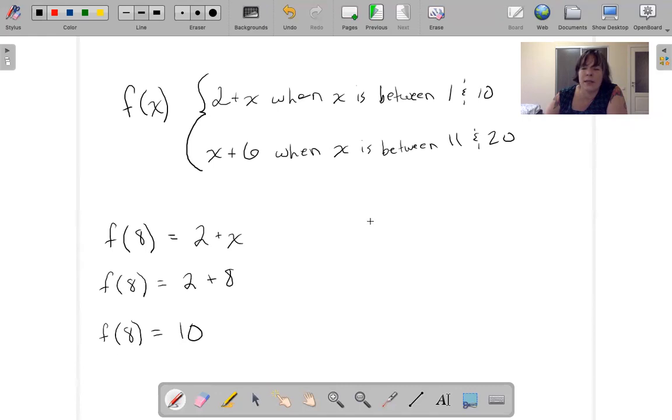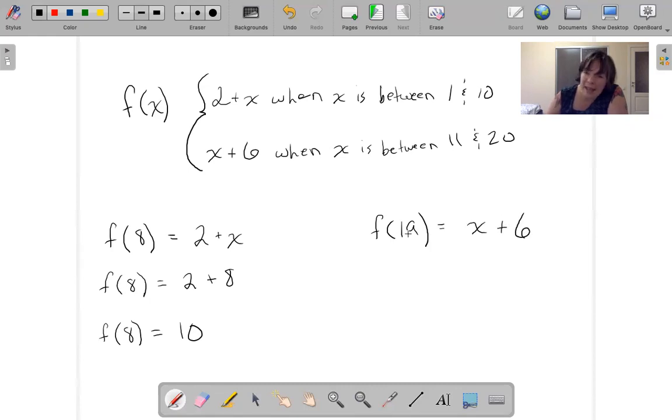Now, my other one was f of 19. F of 19. 19 is between 11 and 20. So I know that my f of 19 is going to be x plus 6. F of 19 is x plus 6.